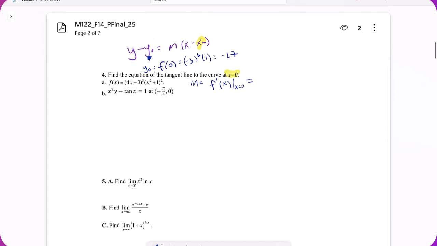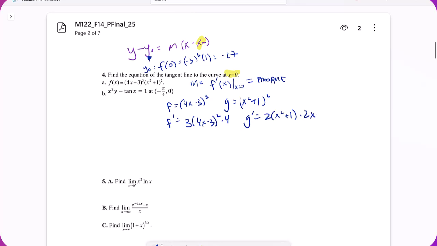Okay, so we've got to use the product rule. So I'll just write product rule. f is equal to 4x minus 3 cubed. g is x squared plus 1 squared. f prime is 4x minus 3 squared times 4. g prime is 2 times x squared plus 1 times 2x.